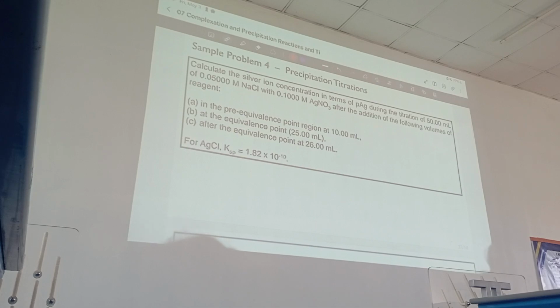What do we need to find? Given: 50 mL of 0.0500 molar NaCl and 0.1000 molar AgNO3. Unknown: pAg at A to C.